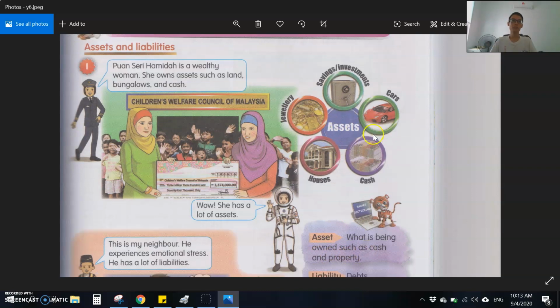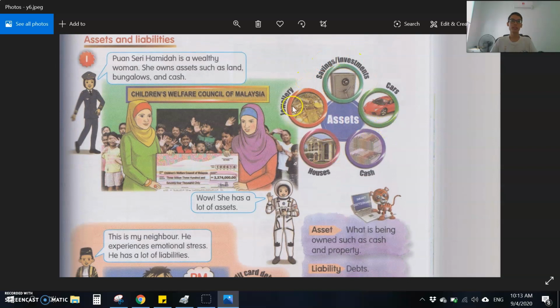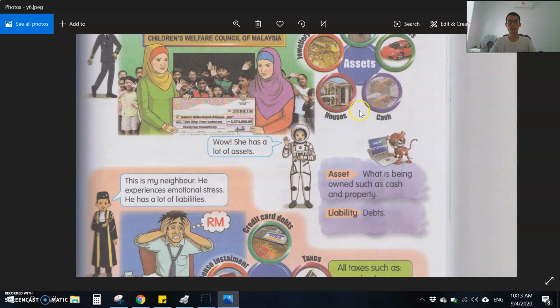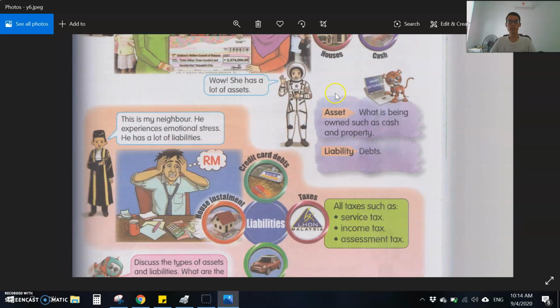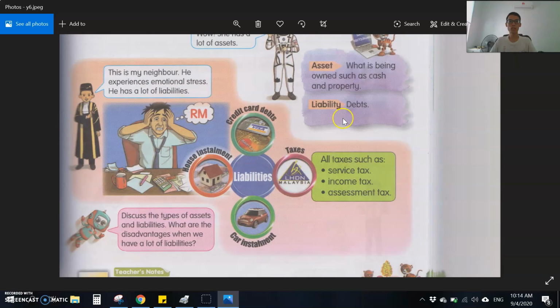So all these are your assets. The more assets you have, the richer you are. Then the opposite of asset will be liability. Liability means debts, hutang. Semua hutang awak adalah liability because it takes your cash away.